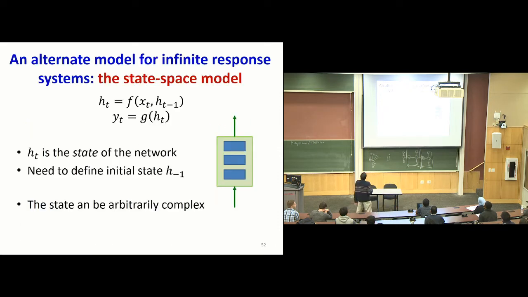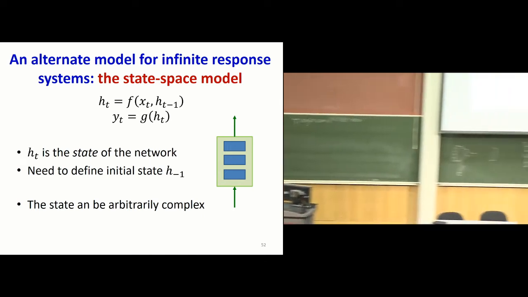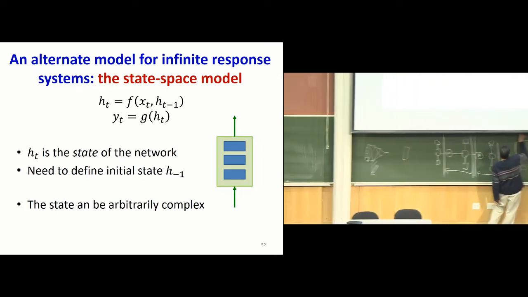Okay. Now, I've just used h as a generic representation for a state, right? All this little equation over here is saying is that I have some input, and the input is going into some state block which is feeding the output.